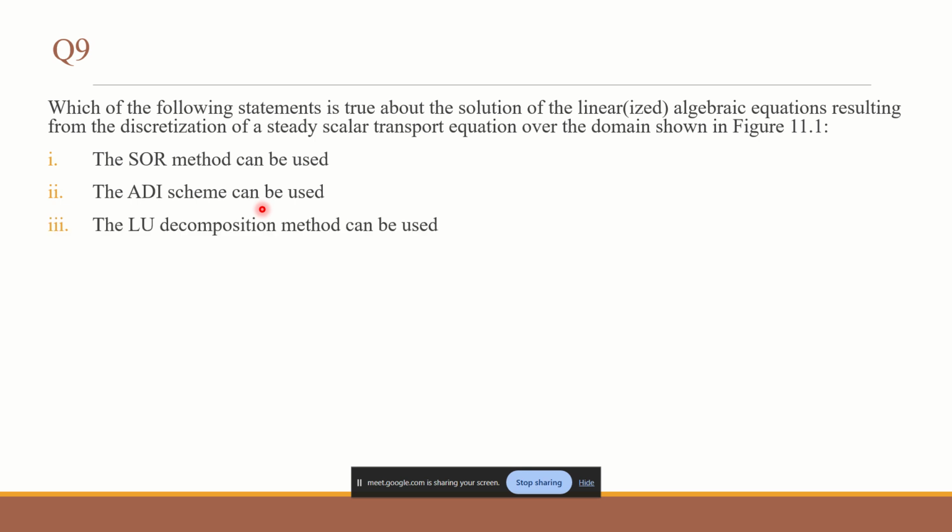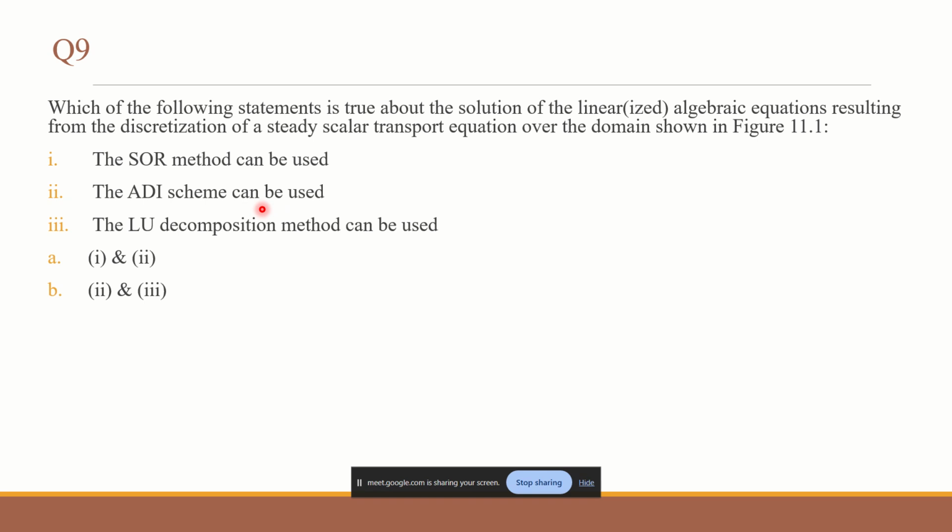Third one, LU decomposition method can be used. Okay, we don't have a fourth one. We have three options: SOR method can be used, alternating direction implicit can be used, and LU decomposition method can be used.